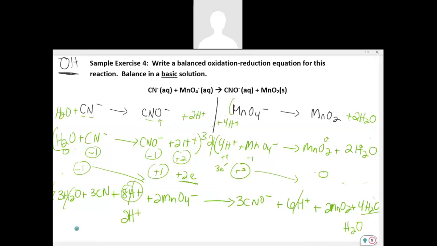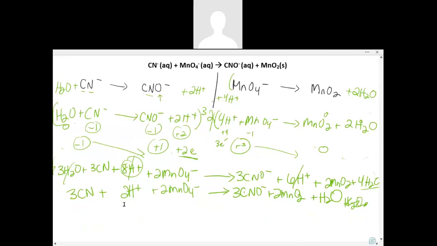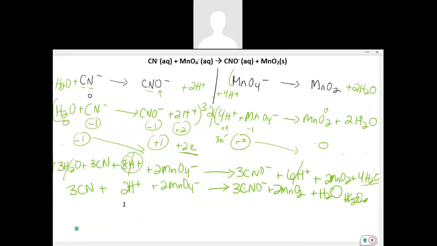It looks like everything else is going to remain, so I'm going to have 3 CN negative plus 2H plus plus 2 MnO4 negative. Then we're going to have 3 CNO negative plus 2 MnO2 plus just 1 water, H2O. All right, so now I balanced this in acidic conditions.